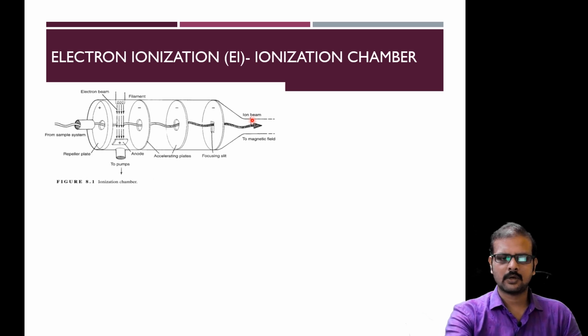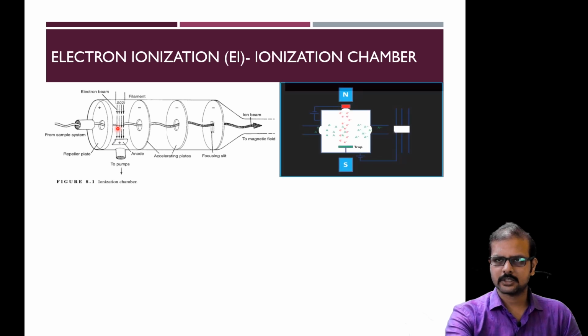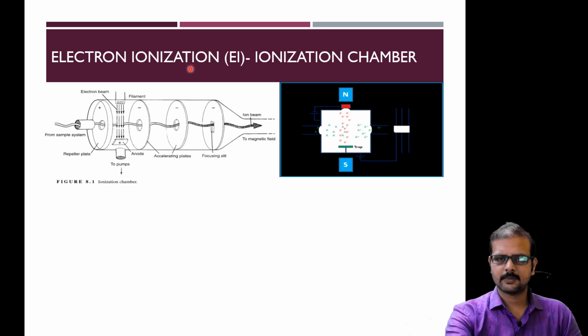To ensure that, we have the slits and acceleration plates. First, we will see what happens in the filament. In the first method, electron ionization, the filament releases electrons. These electrons carry high energy.